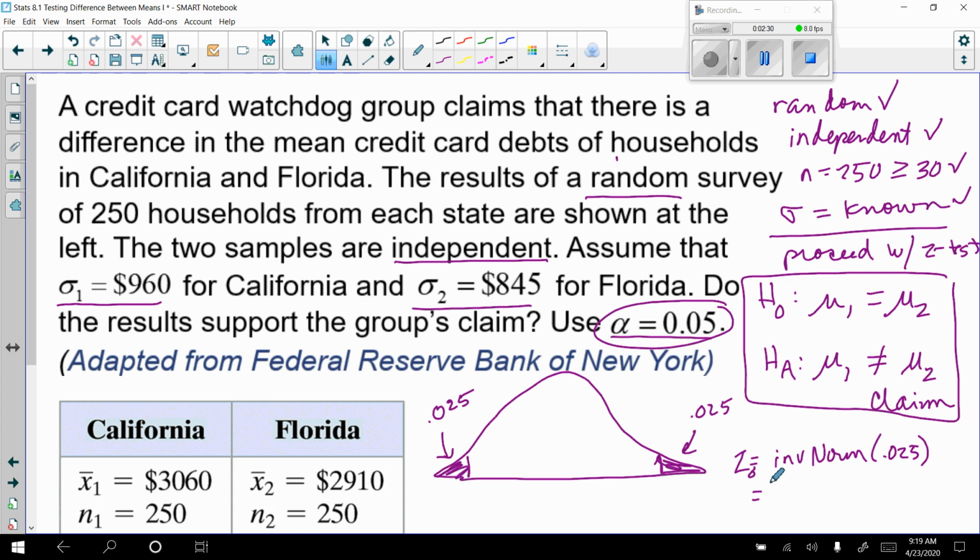That's going to give us plus or minus 1.96. So this is negative 1.96 and this is positive 1.96. Those are the borders of the rejection regions that we can compare to the z-score that we find for our actual data.